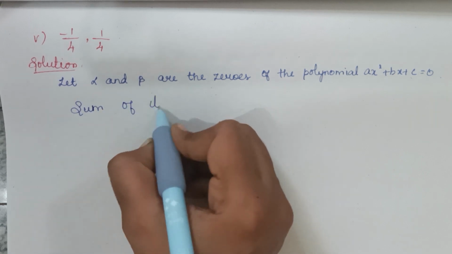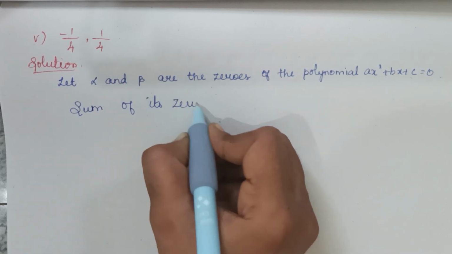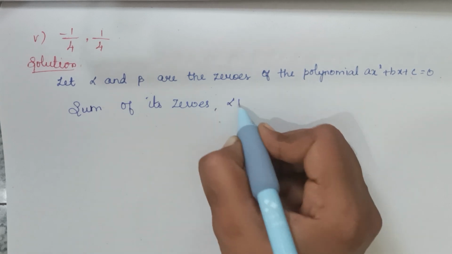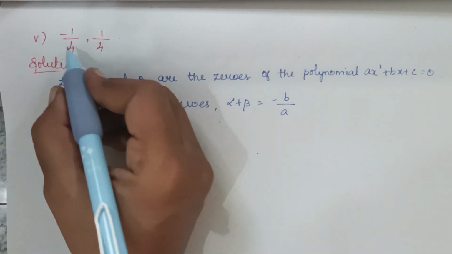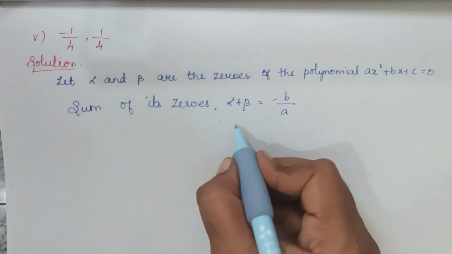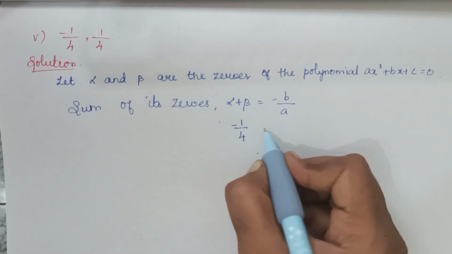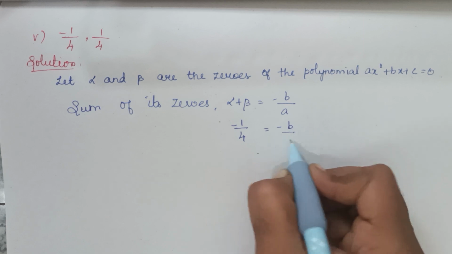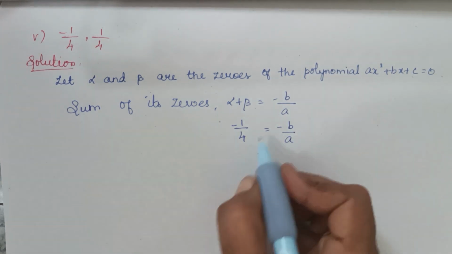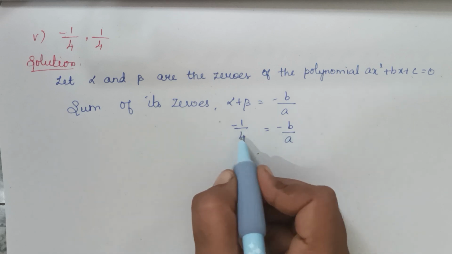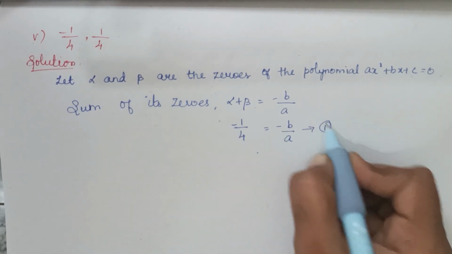Sum of its zeros, that is alpha plus beta, is equal to minus b by a. So we know the value of alpha plus beta, that is minus 1 by 4 equal to minus b by a. Okay. So just compare this equation, let me call it equation 1.